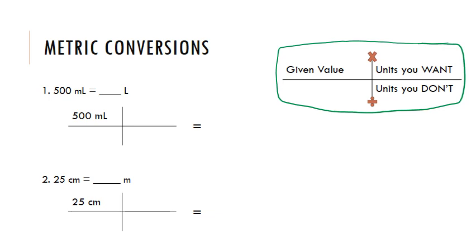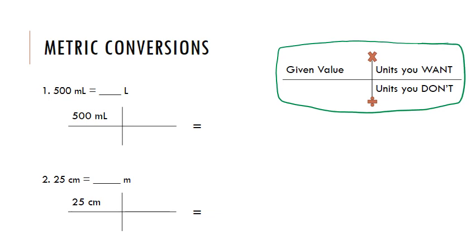On the bottom right-hand corner, we're going to put the units that we do not want, the ones we're trying to get rid of. On the top, we're going to put the units we do want, the unit we're trying to get to. And then we'll set up the numbers that we fill in into our table.